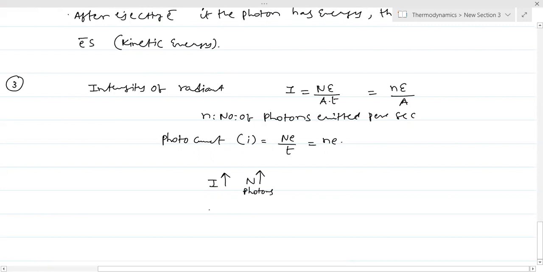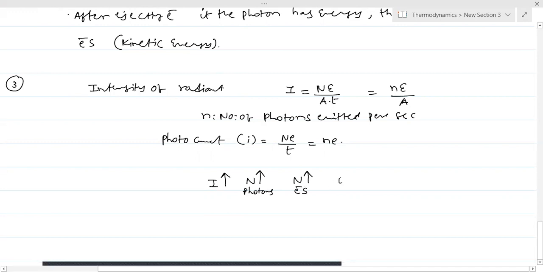We know that every photon is able to eject a single electron. Therefore, the number of electrons emitted increases. Whenever the number of electrons increases, automatically photocurrent increases.